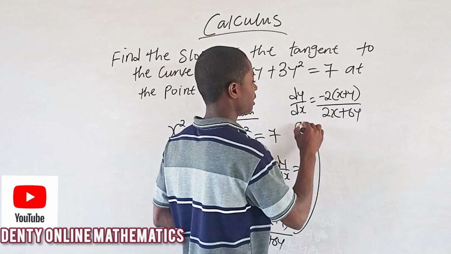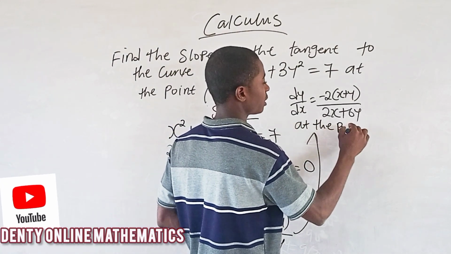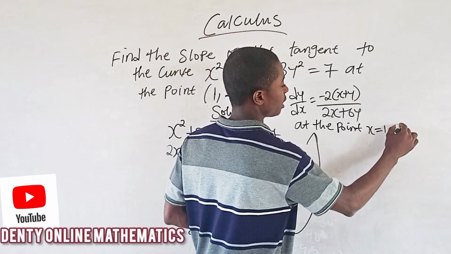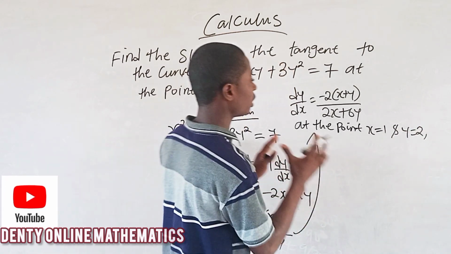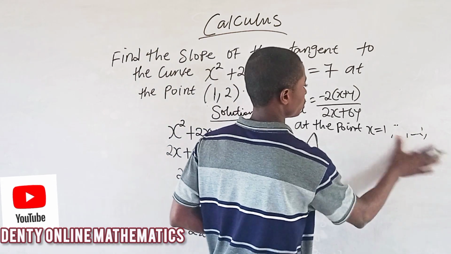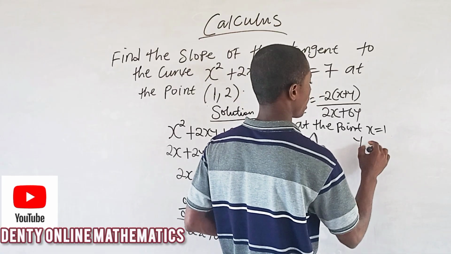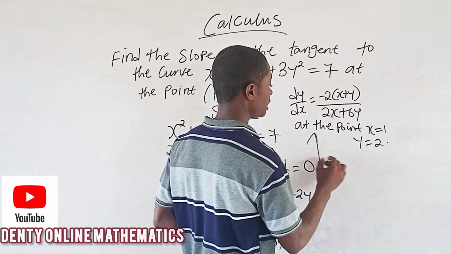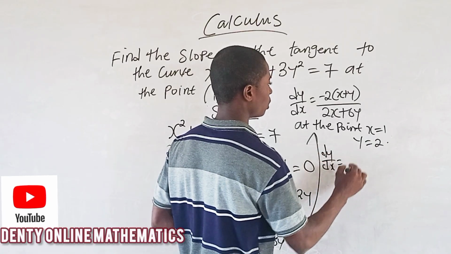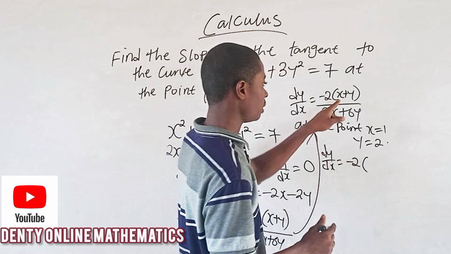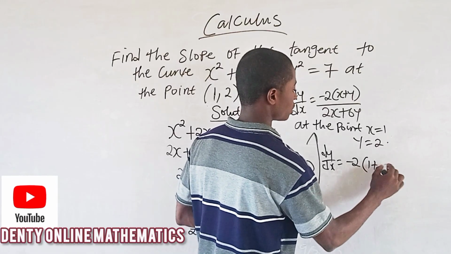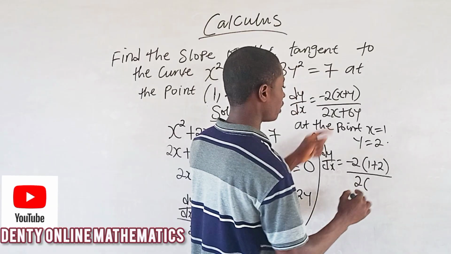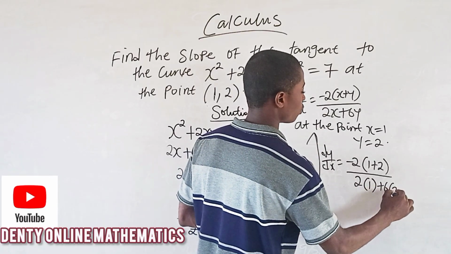At the point x equal to 1, y equal to 2, if we bring this into the function we have, we can see that our dy over dx will be equal to minus 2 into, in place of x, 1 plus, in place of y, 2, all over 2 into, in place of x, 1 plus 6 into, in place of y, 2.